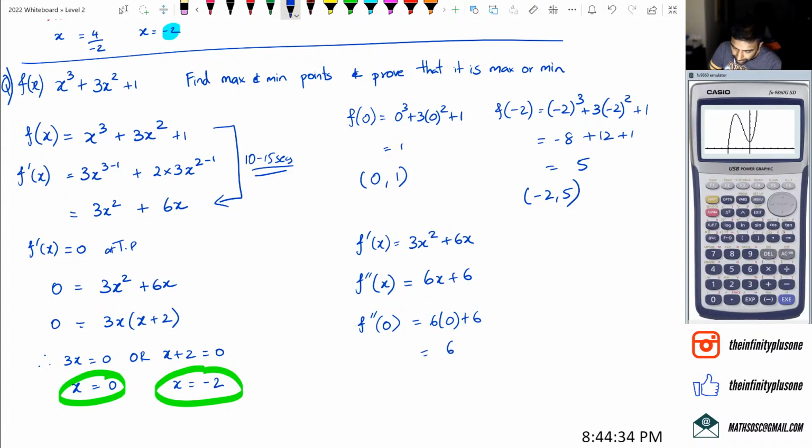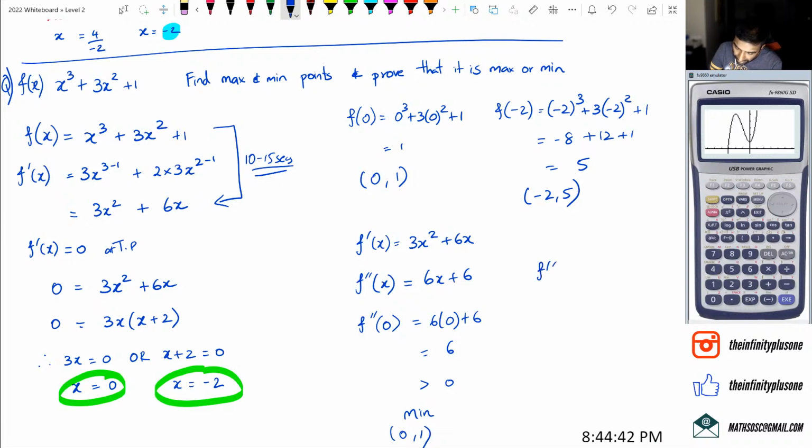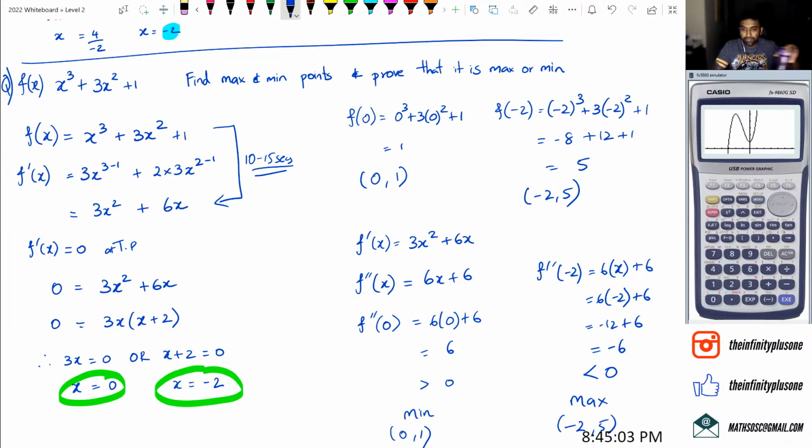This is bigger than 0, and because it's bigger than 0, this point 0, 1 is a minimum. If I do the same thing for negative 2, I get 6 times negative 2 plus 6, which is negative 12 plus 6, which equals negative 6, which is less than 0, which is a max. So I've got negative 2, 5 as a max.